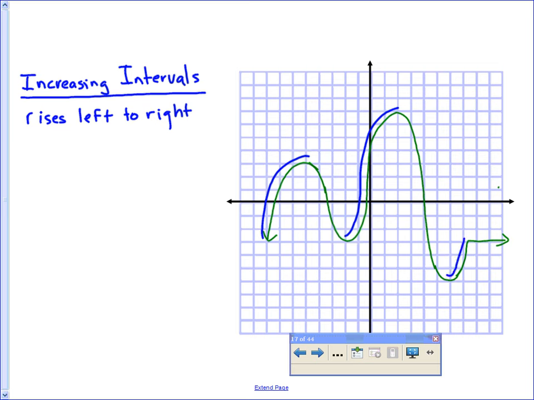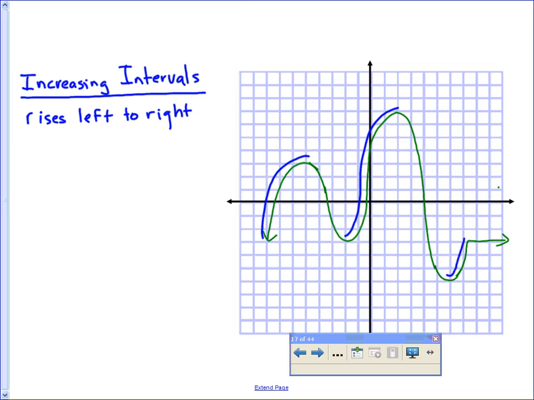Okay, and what we're going to use on our calculator is the max and the min functions to help us find them. When we're finding the local max, it's going to ask you for a right and a left side. So what we're going to do is try to trap this, by noting a piece on this side and a piece on this side, and then our calculator is going to ask us to guess. So this is going to be the left, this is going to be the right. Now when we do the min, it's going to sort of be the opposite. This is the left, and then over here is the right, and then it'll ask us to guess, and it'll figure out what those values are.